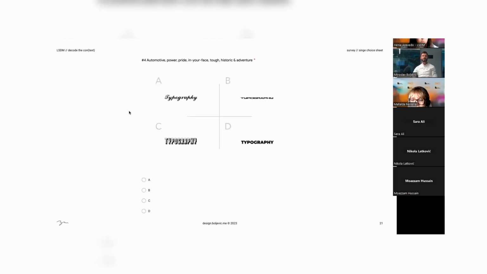In the second stage of the research, some participants were then asked to choose the most appropriate logotype that would best represent the whole set of keywords. And this was the same set of keywords that was shown in stage 1. So for each brand, they were presented with 4 choices.